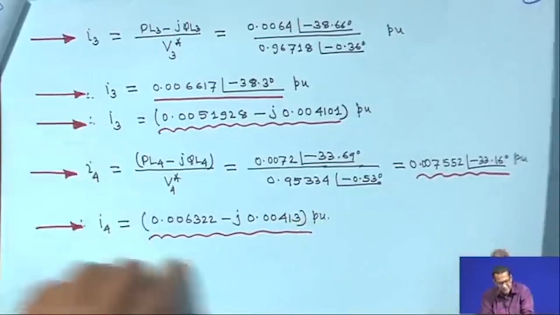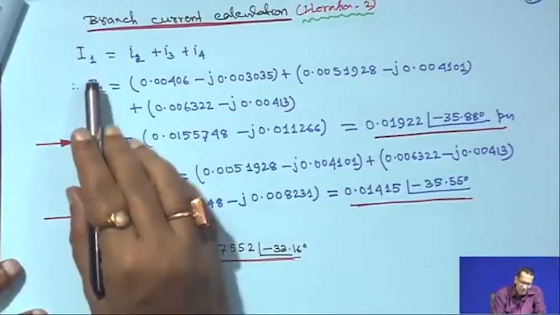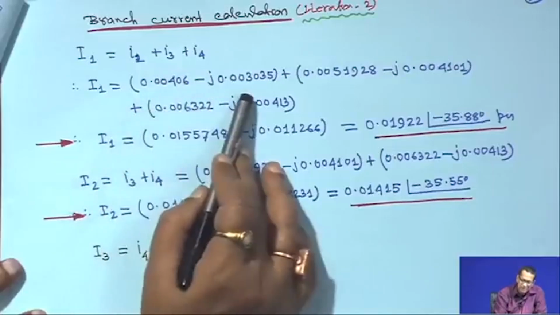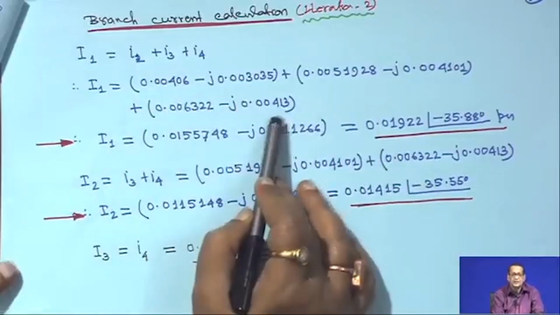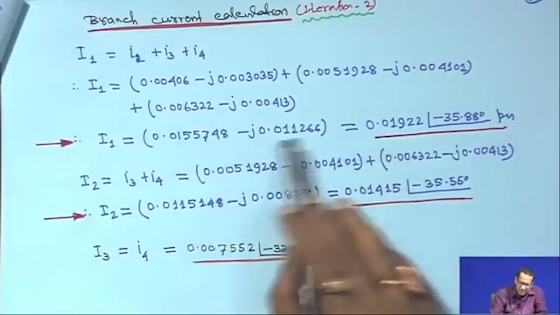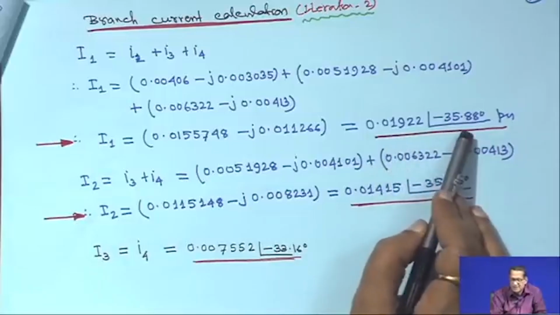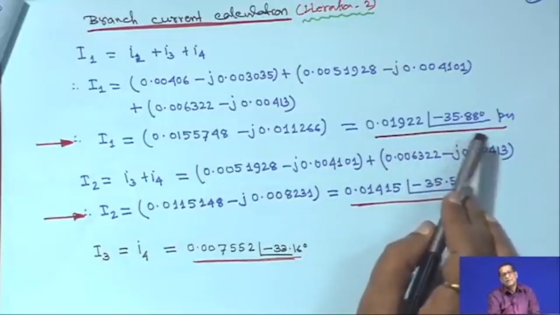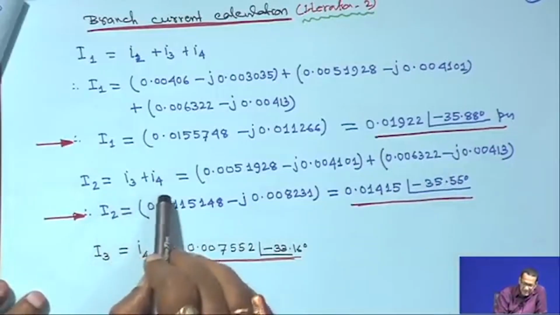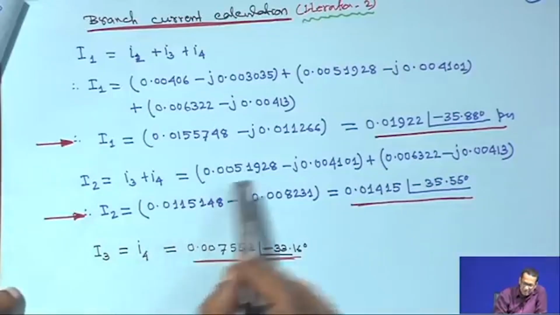With these load currents, now you compute the branch currents. So, capital I1 is equal to small I2 plus small I3 plus small I4, which we have already computed just now. You substitute all and add it up, and capital I1 will become 0.01922 angle minus 35.88 degree per unit. Similarly, capital I2 is equal to I3 plus I4.